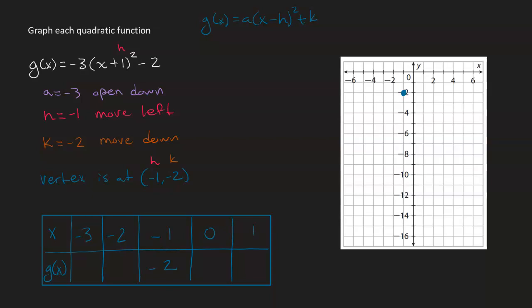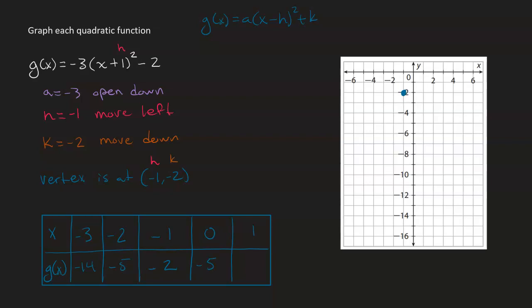I'm not going to go over the steps of substituting these values into the quadratic to get my output. You can always do that on your own, and we'll do more practice with that in class, but for right now, I just want to show you what the outputs are. When I substitute in -2, I get -5. When I substitute in -3, I get -14. When I substitute in 0, I get -5.